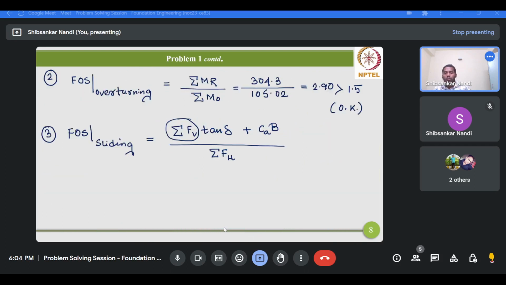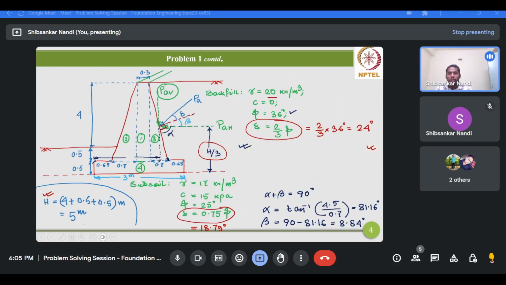So this would be 184.67 into tan of 18.75 plus, now what is the addition at the base?